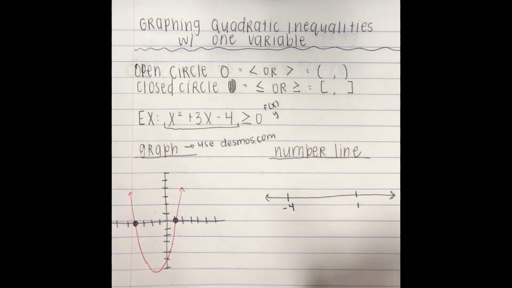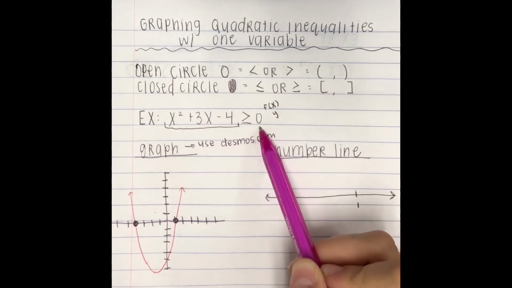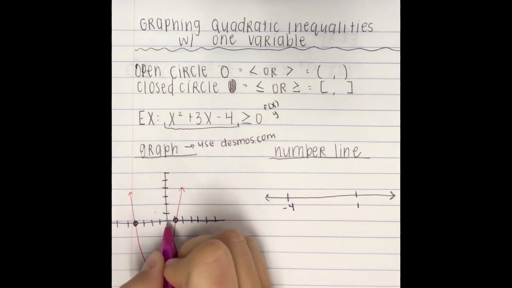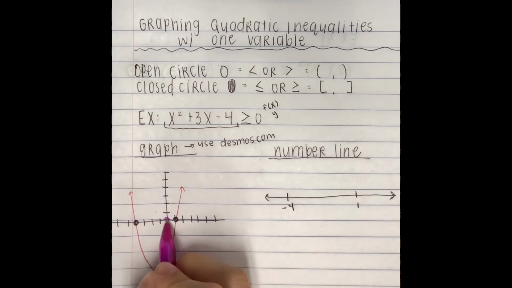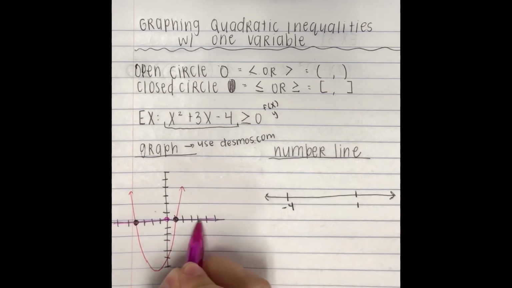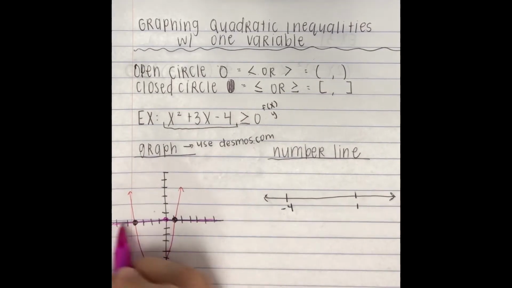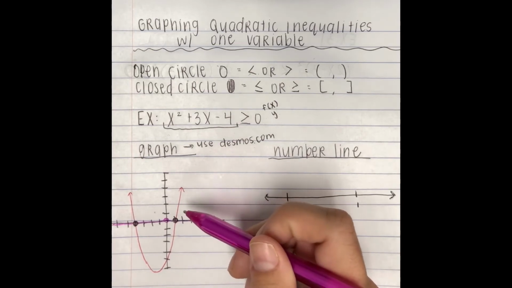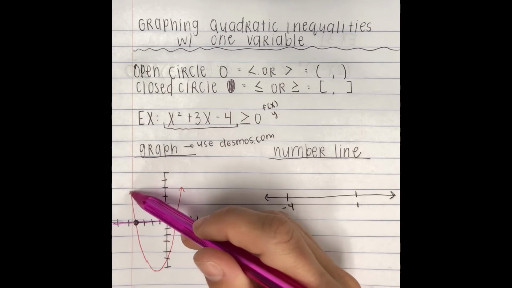So we want to see where this is greater than or equal to 0 on our y-axis, right? So here's 0 on my y-axis. Okay, here's 0 on my y. So basically, anything above this line, our x-axis, is going to be greater than 0 on our y, right? Anything above this, 1, 2, any of these points, right?